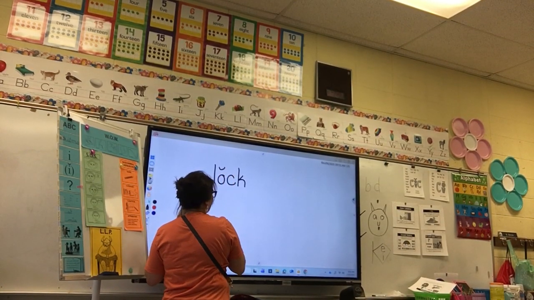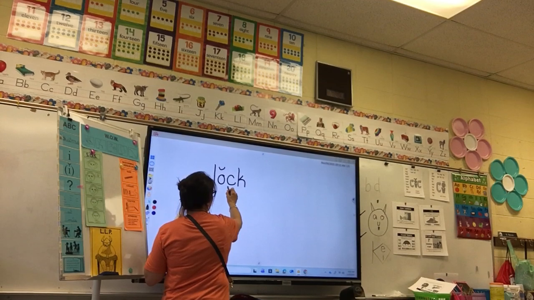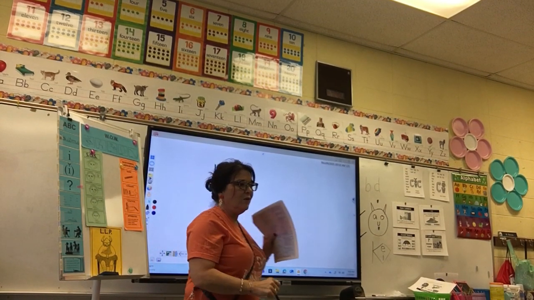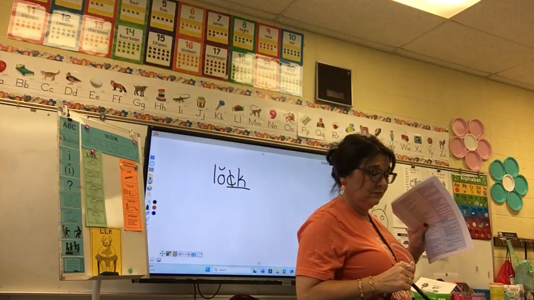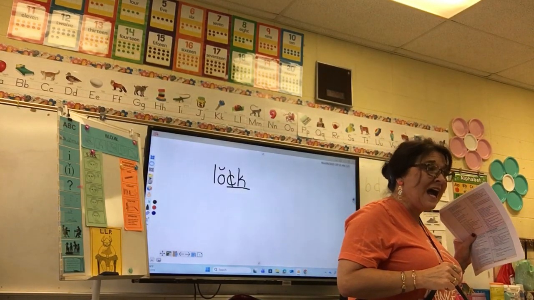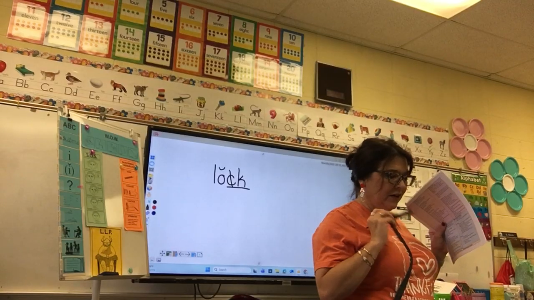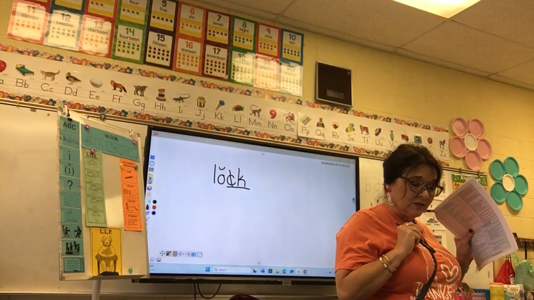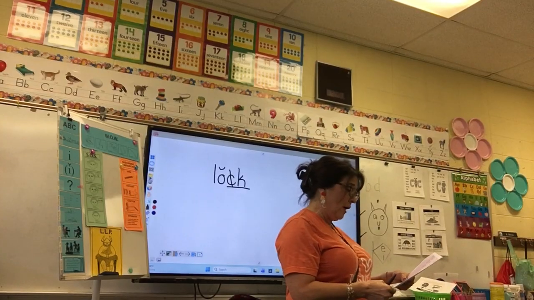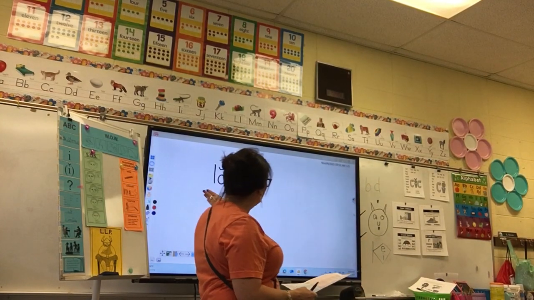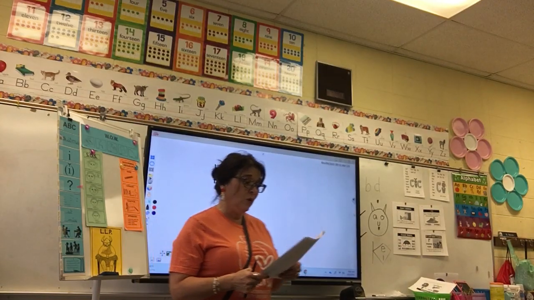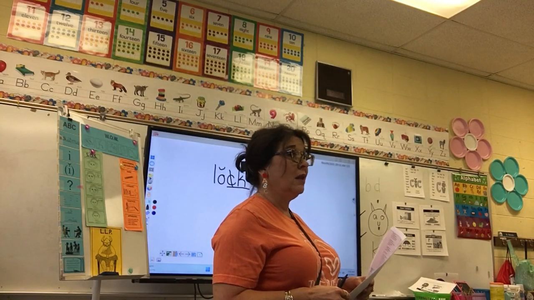And then you cross out the C. You underline the CK so that you show it's a what? What's it called? A digraph. A digraph, okay? And you cross out one of those letters to show that you don't hear both of them. So what is this word? Lock. Good job. The classroom doors should always stay locked.